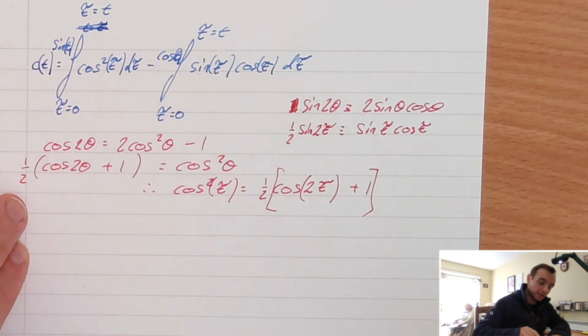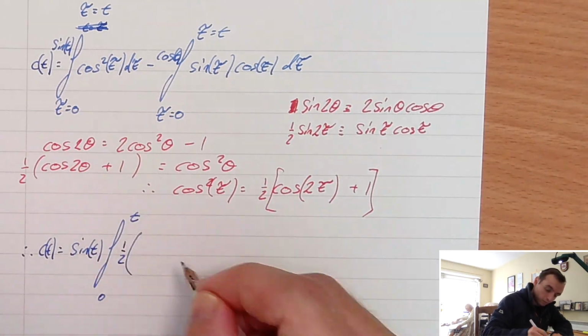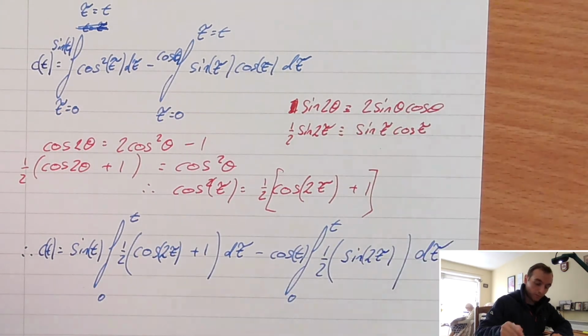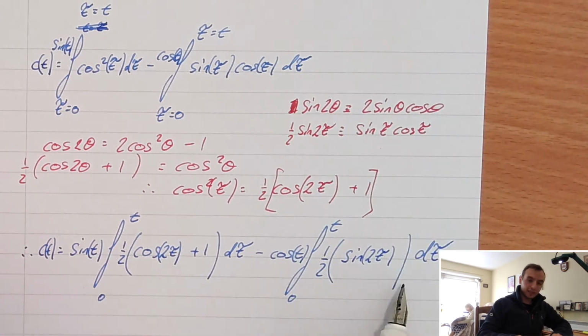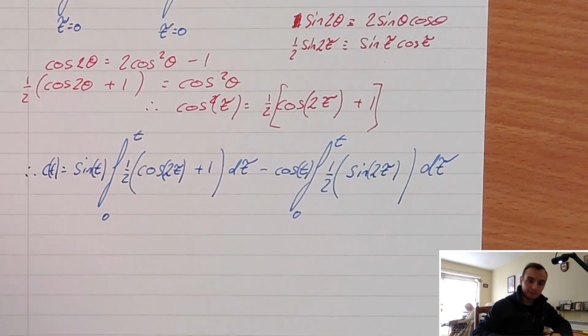And that should get us going over here. And then we now have the convolution function in this form, which should be fairly easy to integrate. So we're just going to go ahead and do that now.